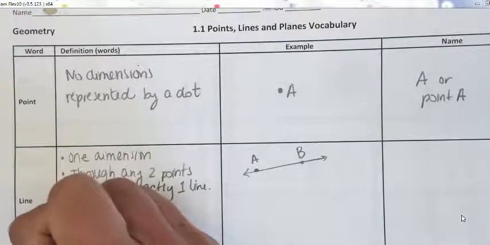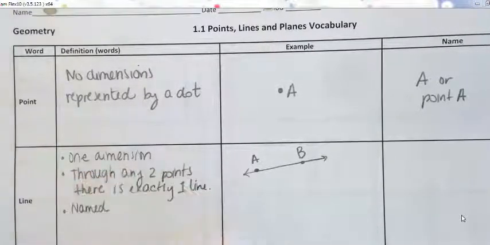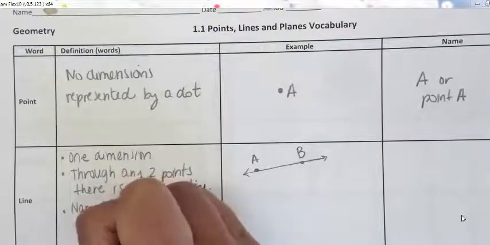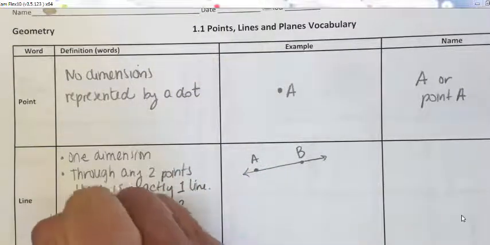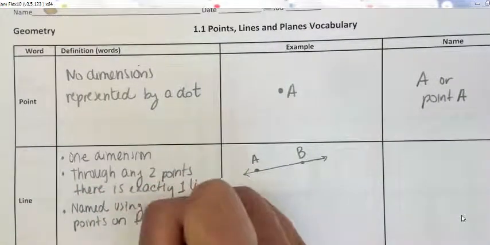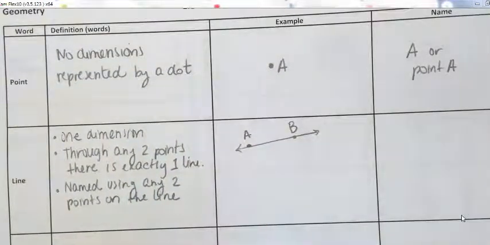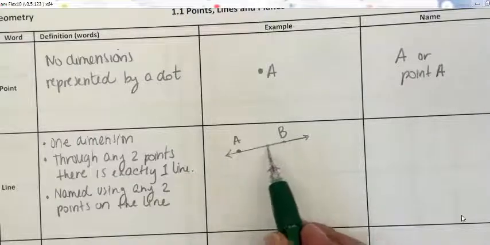And the way that we name these, they're named using any 2 points on the line. So for example, for this, I would name this line AB.